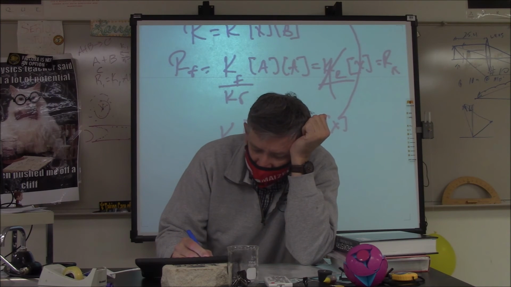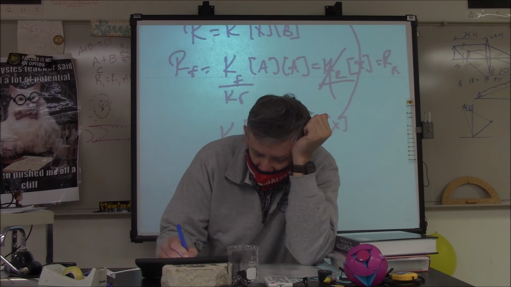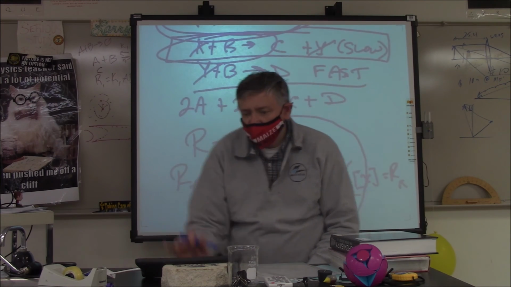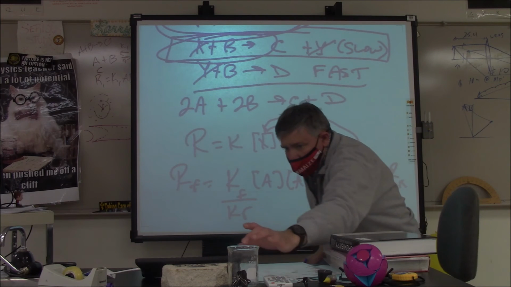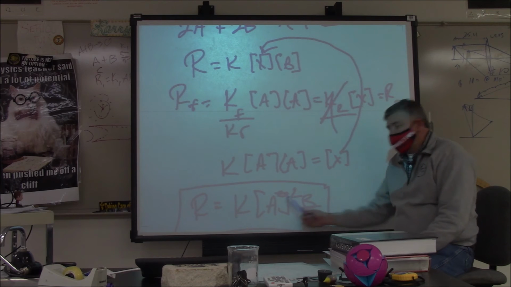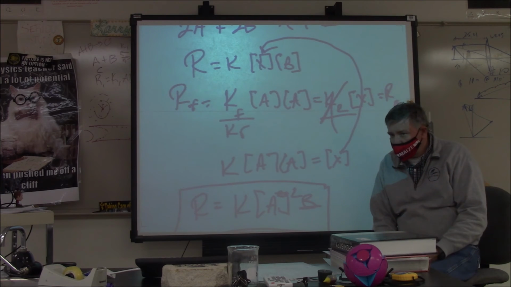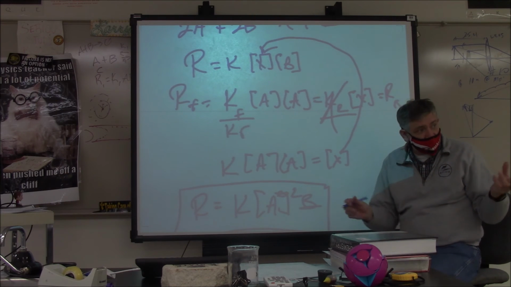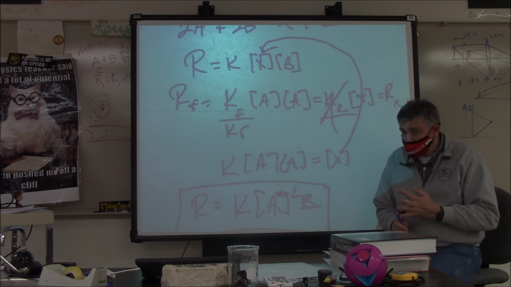Now I've got R equals K times A squared B. So this is something that I can deal with, because once I get it to this point, this is dependent upon my concentration of A and dependent upon my concentration of B. I've eliminated those intermediaries. I don't have my X, I don't have Y.